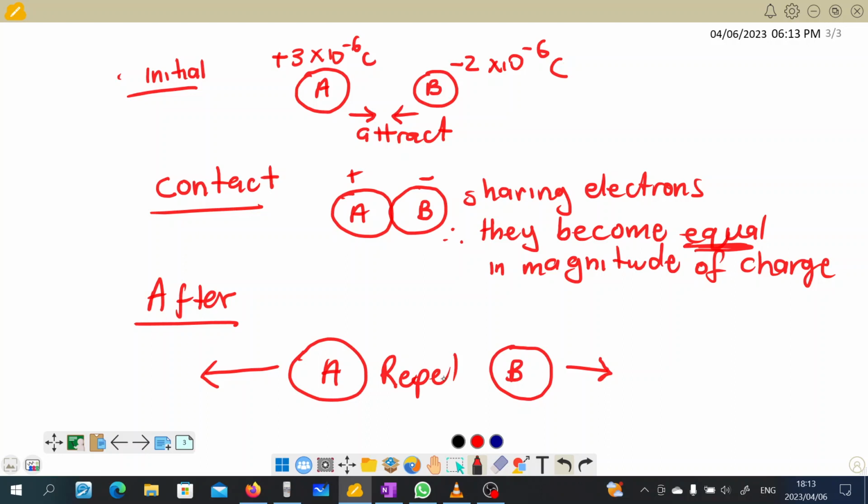Remember this was Q initial for A, and that was Q initial for B. After contact, we have Q final for A and Q final for B. This Q final, they also call Q new, the new charge, and this one is the new charge for B. This is happening after contact. So now let us calculate this new charge.